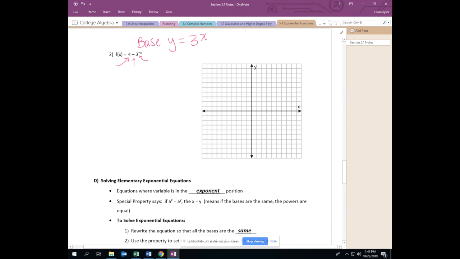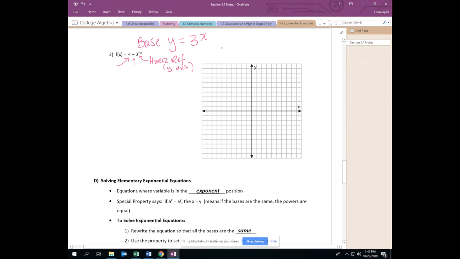Now, we just talked about what a negative in the exponent does, because the same thing happened in our e function. So when the negative is in the exponent, again, that should indicate to you that you have a horizontal reflection, which means it flips over the y-axis, and it's going to make this normal curve go backwards from what it normally does.